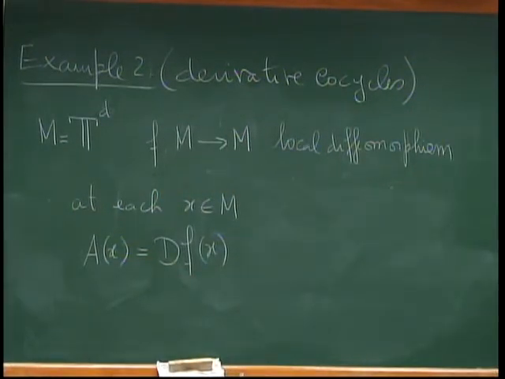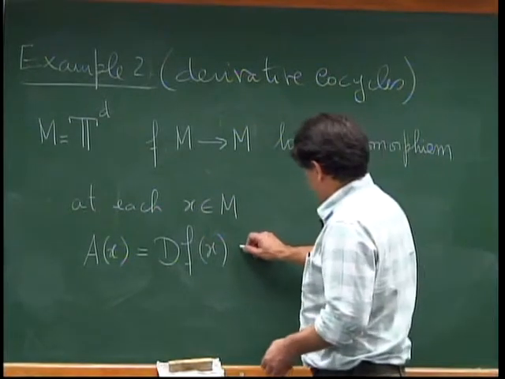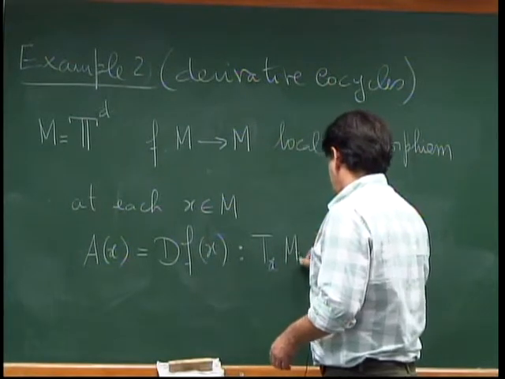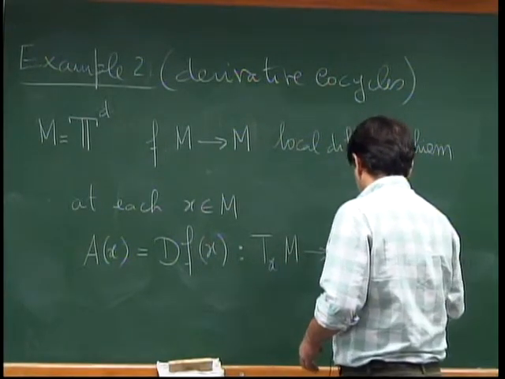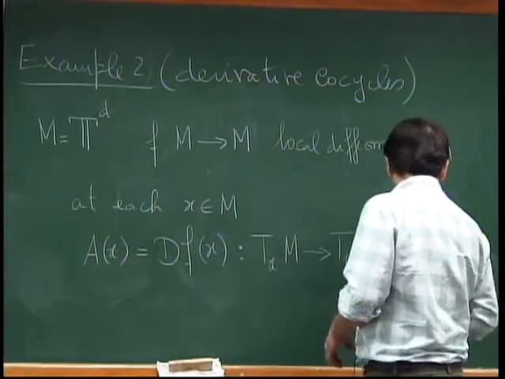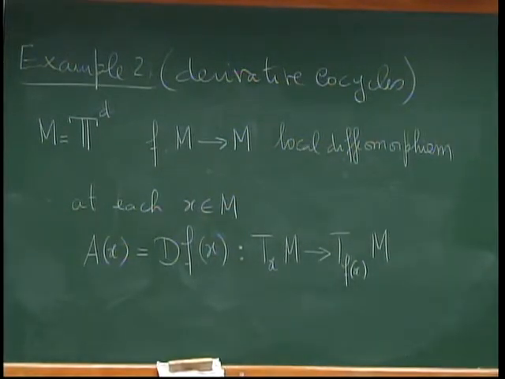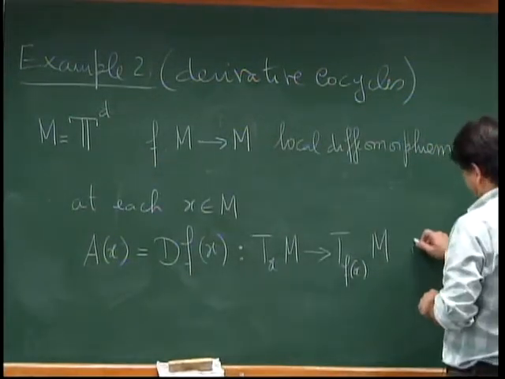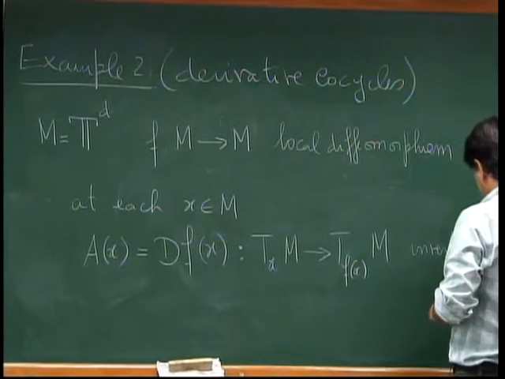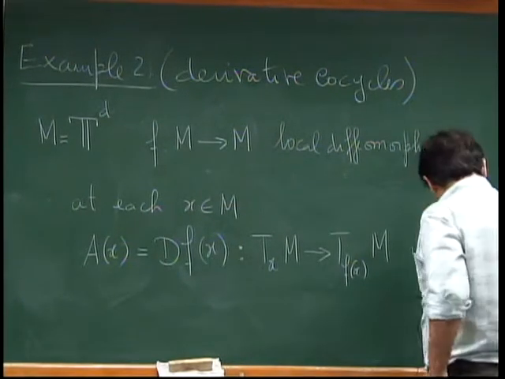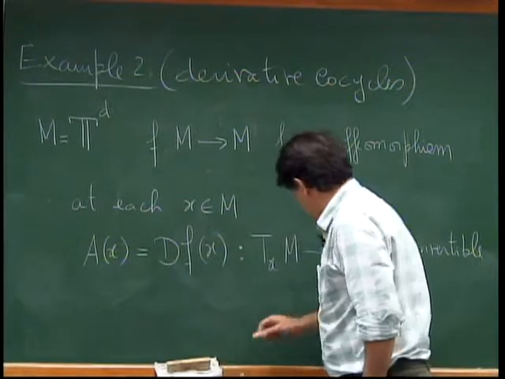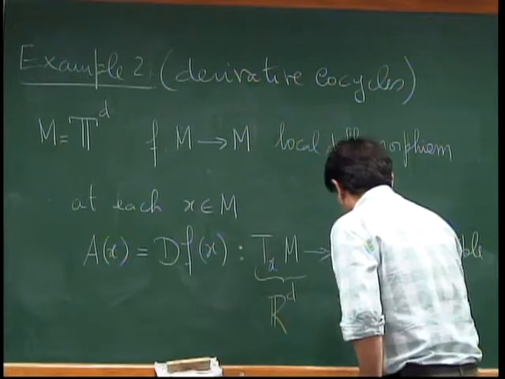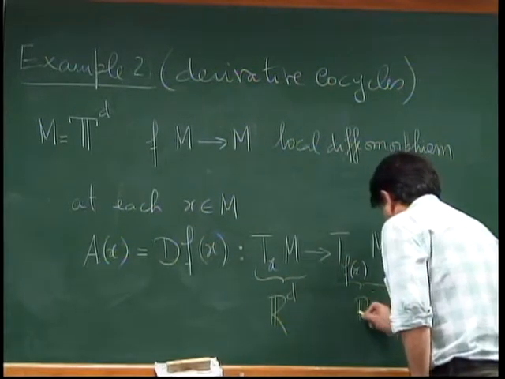So what is the derivative of a diffeomorphism? It's a map from the tangent space to the tangent space at the image. And if you have a torus, and since I'm assuming this is a local diffeomorphism, this is invertible. This is an isomorphism. Since you have a torus with dimension d, the tangent space is just Rd, and the tangent space at the image is Rd.